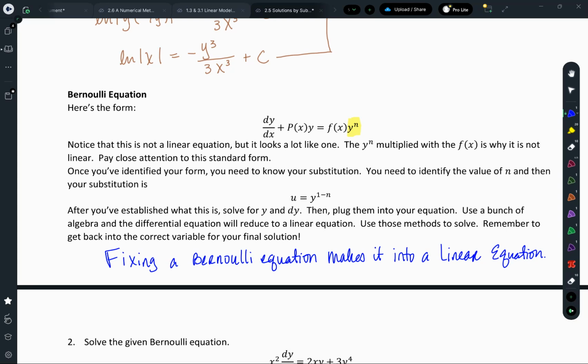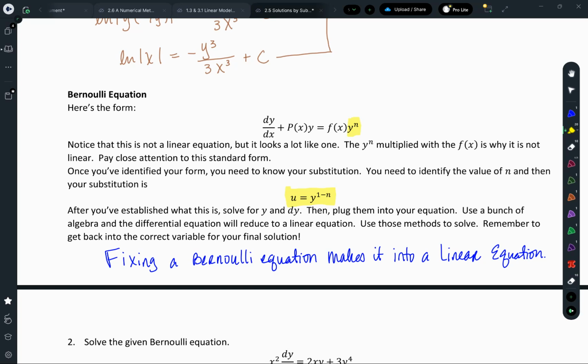So what's the substitution? Well, that's right here. We're supposed to identify what the power of y is. Like, let's say it's y cubed. Then I know that n is equal to 3, and u would be equal to y raised to the 1 minus 3.